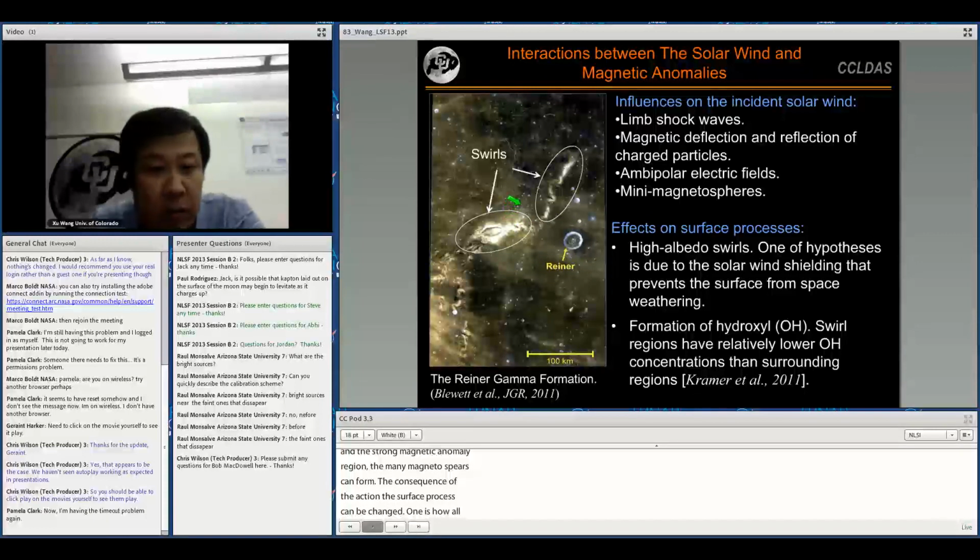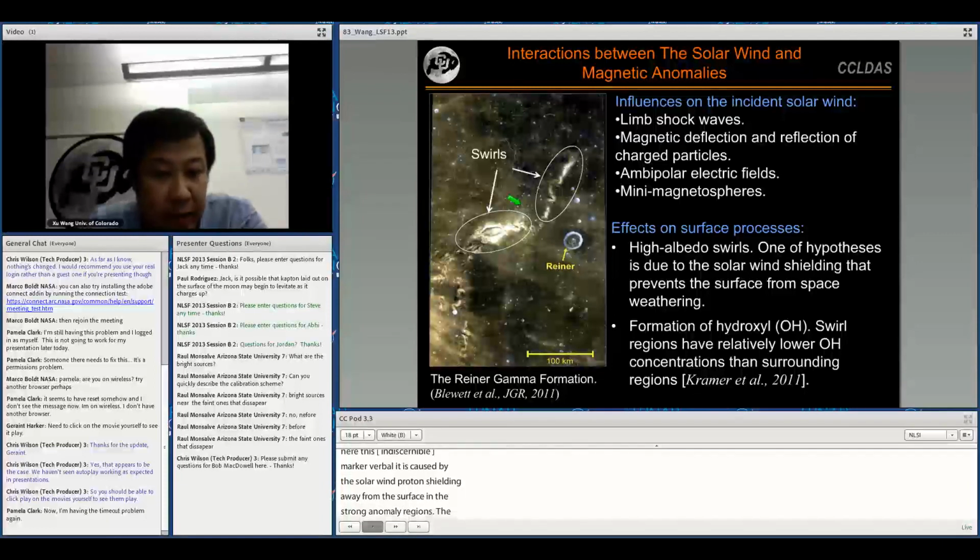So here, these high albedo markers are mostly caused by the solar wind protons being shielded away from the surface in the strong magnetic anomaly regions, so that the surface is kept fresh.